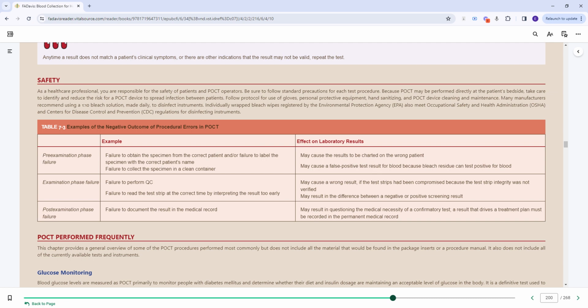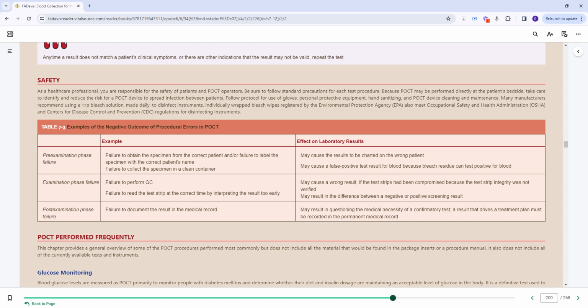Safety, yes. So, pre-analytical phase failure. These are examples of the negative outcomes of procedural errors: wrong patient, not labeling the specimen, failure to collect the specimen in a clean container, failure to perform quality control, failure to read the test strip correctly, or reading it too early or too late.